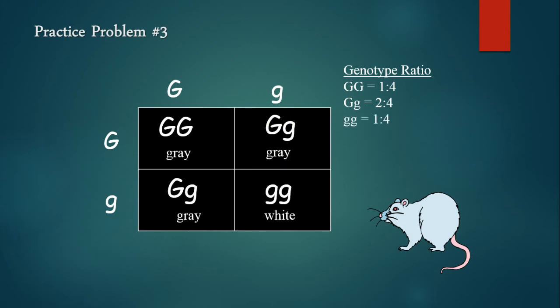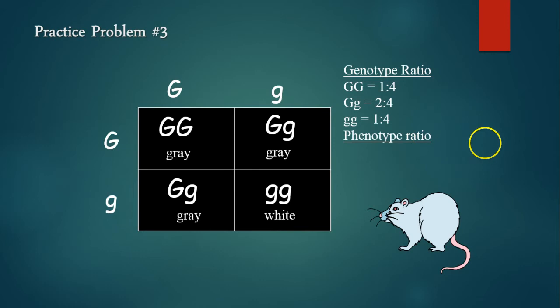And we also have 1 little g, little g. So you can see whenever you add these up, 1 plus 2 plus 1, we still get a total of 4, because we still have 4 boxes to work with. This would be 25%, 50%, and 25%. If you add your percentages, you should always come out to 100.